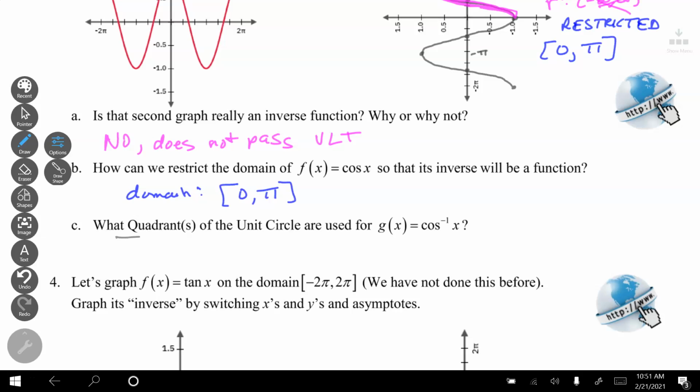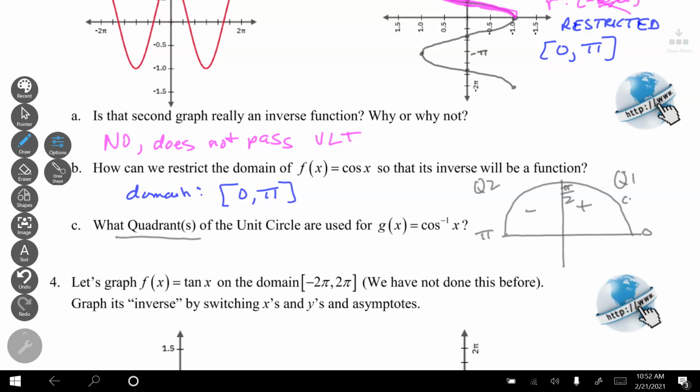So what quadrants do I want for the unit circle for the inverse cosine function? I'm going to draw my little unit circle here. And I'm going to use this part. And I have quadrant 1 and I have quadrant 2 because in quadrant 1 these are all the positive values for cosine. In quadrant 2 these are all the negative values for cosine. This is 0. This is pi. Up here is, I'm going to have to squeeze it in, pi over 2.